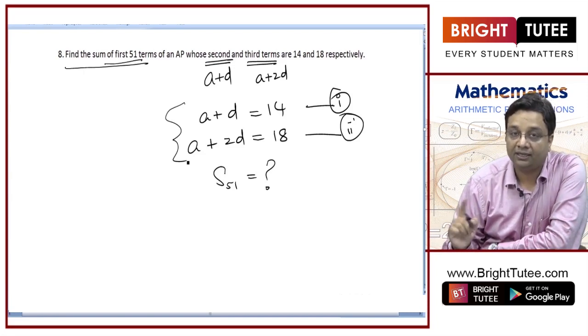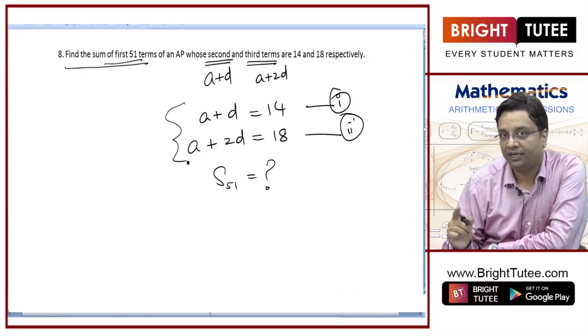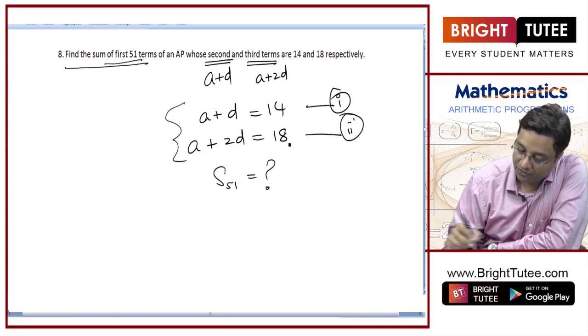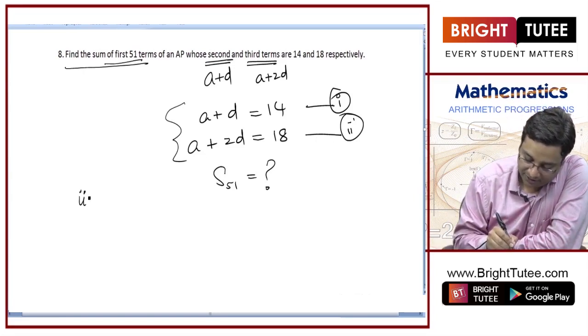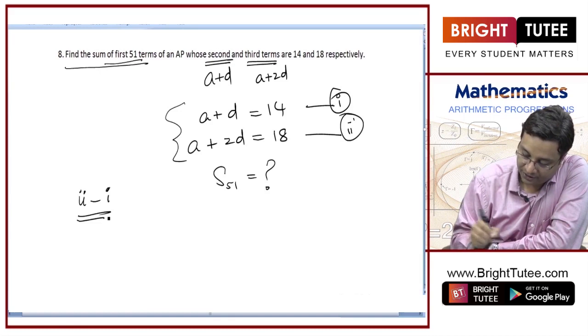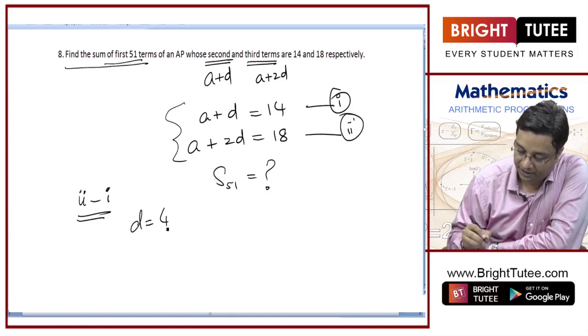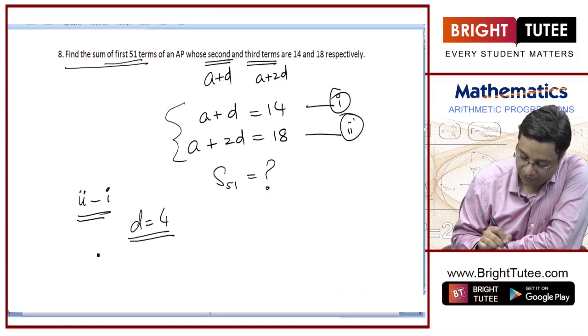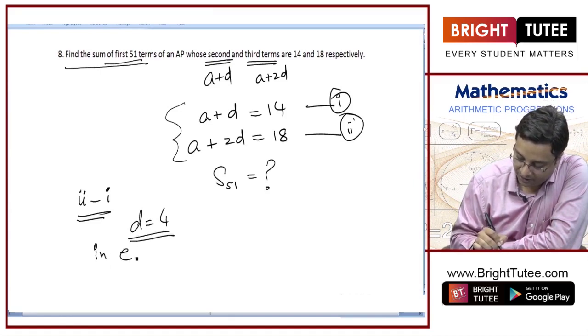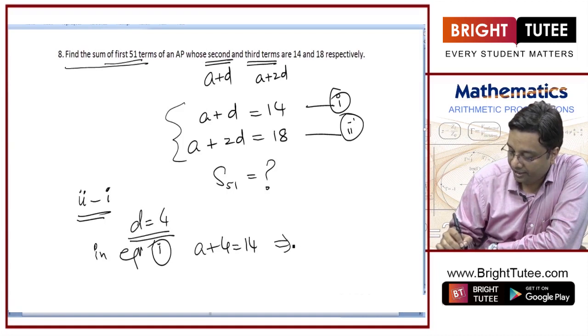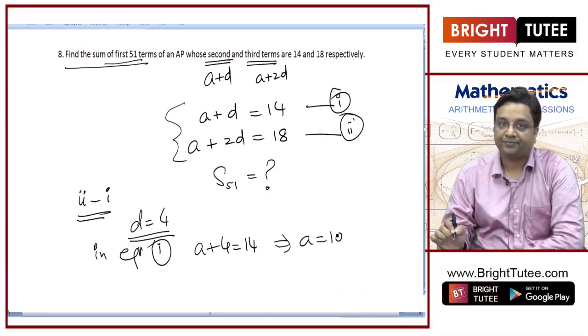This we did in the last exercise also, nth term of an AP. So what we can do is, if I subtract 2 minus 1, A will get cancelled out. It will give me D equal to 4. Right? Now if I put D equal to 4 in equation 1, it will give me A plus 4 equal to 14. So A will be equal to 10.